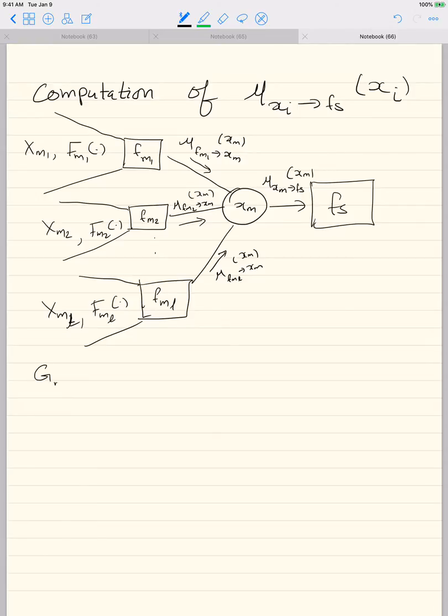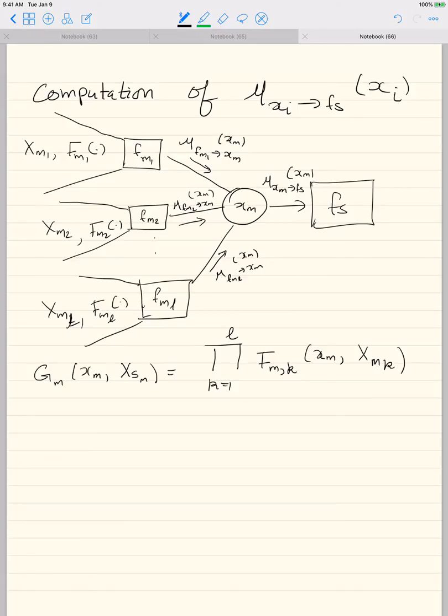So if you look at gm of xm and xsm, this will be the product of k going from 1 to L, fmk of xm and xmk in this notation.